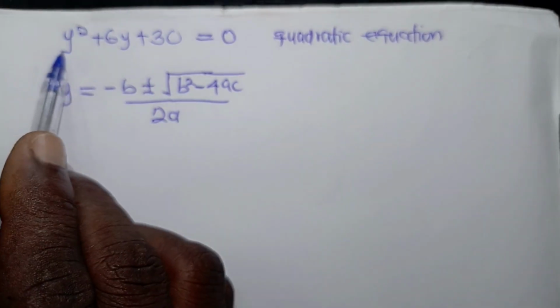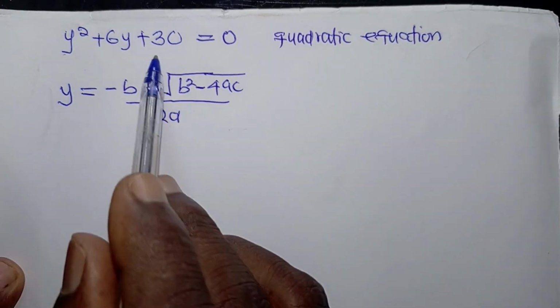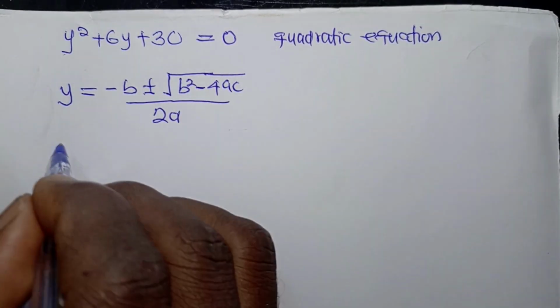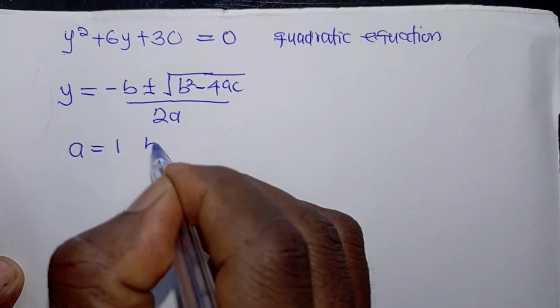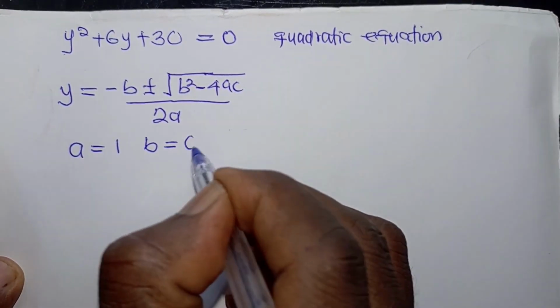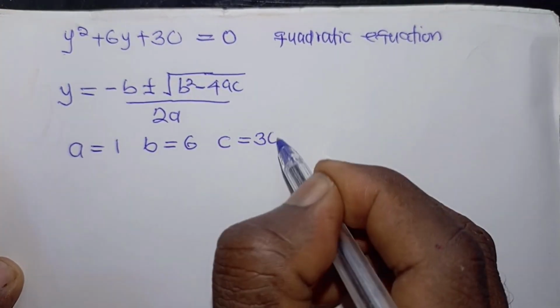So a stands for the coefficient of y squared, b stands for the coefficient of y, and c stands for the constant. So we have a equals to 1, b equals to 6, and c equals to 30.